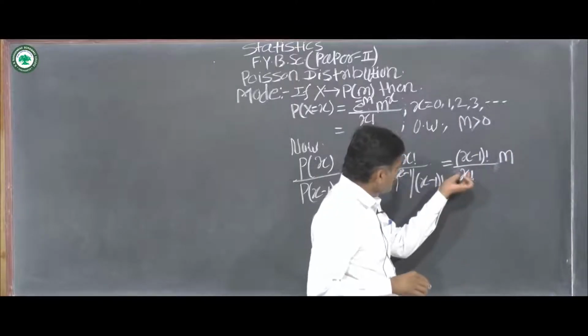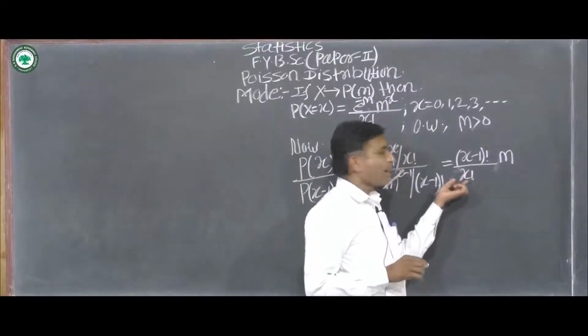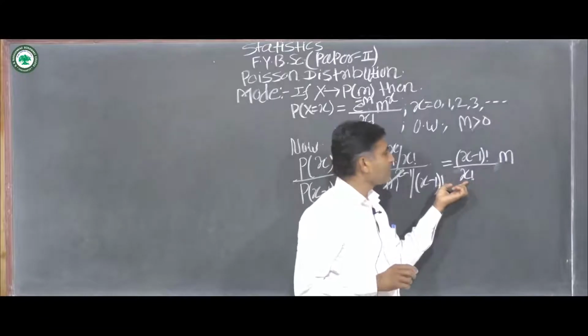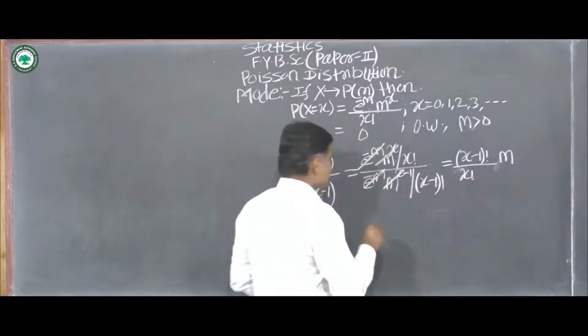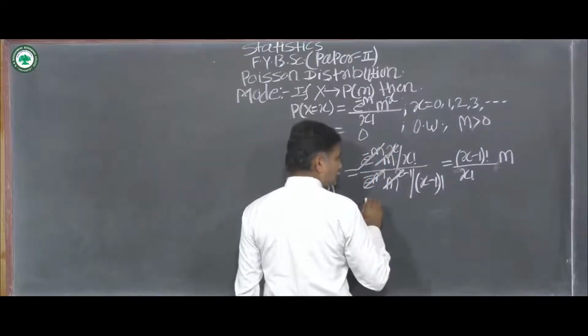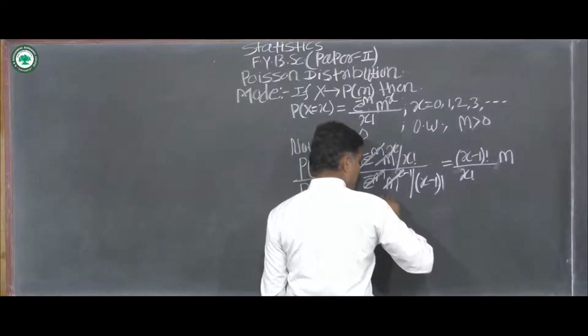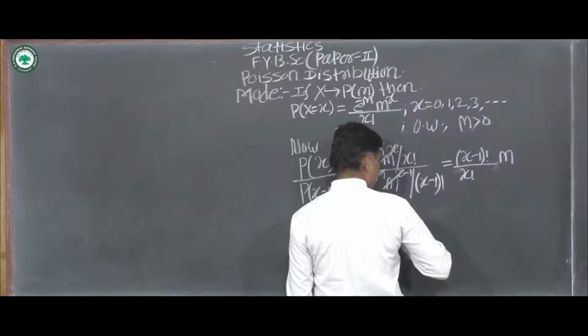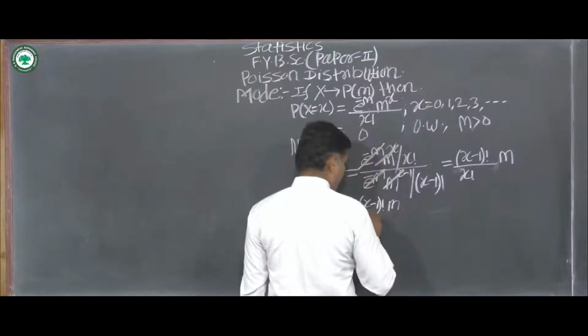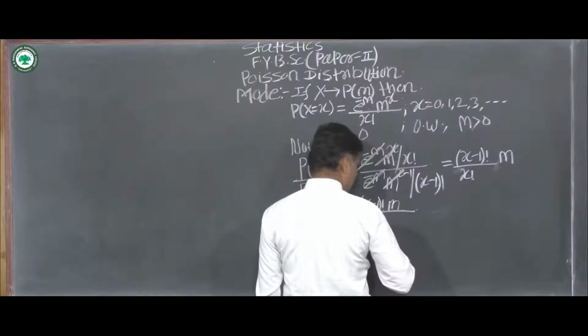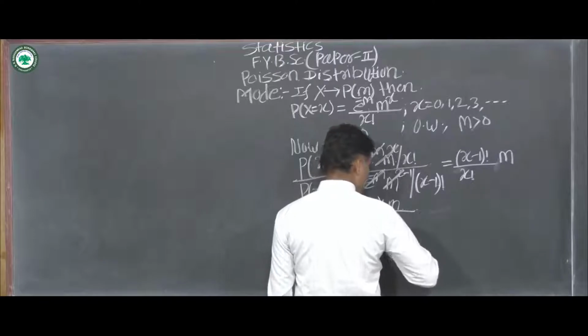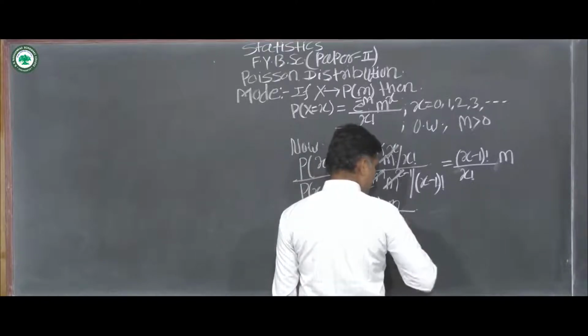Now we convert x factorial into x minus 1 factorial: it is x into x minus 1 factorial.